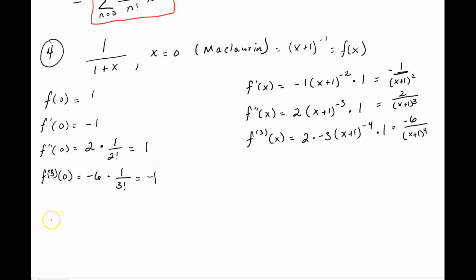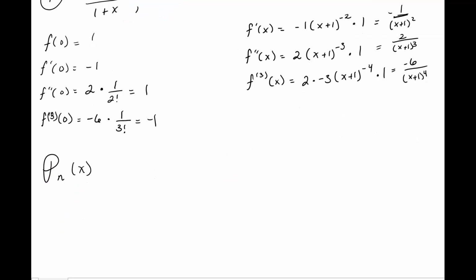So let's see what our polynomial is, our Maclaurin or Taylor polynomial. It's the same thing because it's just about x equals 0. It's a special case of Taylor. So we have 1 plus, in this case, a negative 1 times x plus a 1, which we don't need to write, times x squared plus a negative 1 times x cubed, and so forth and so on.